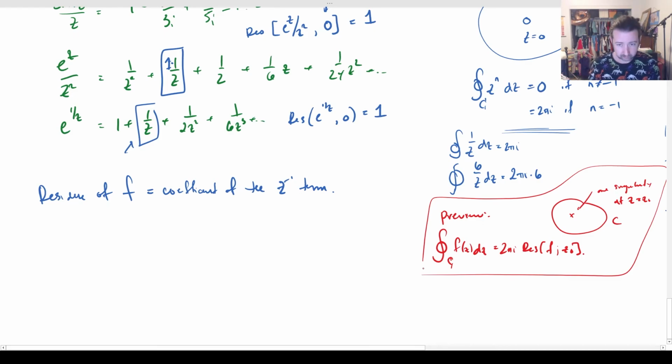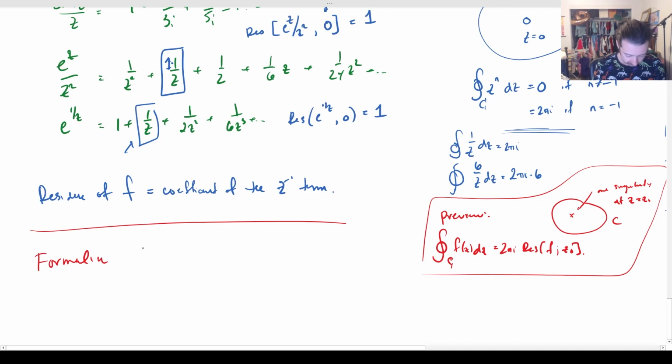So our first order of business in the next section, and where we're heading with this, is we really want to make the idea of these series with negative terms formal. So we want to formalize the idea of series with negative terms. We want to know something about where they converge.